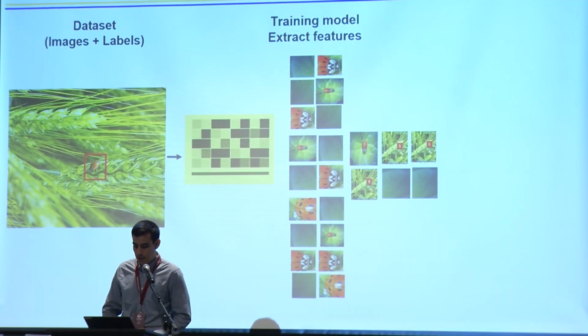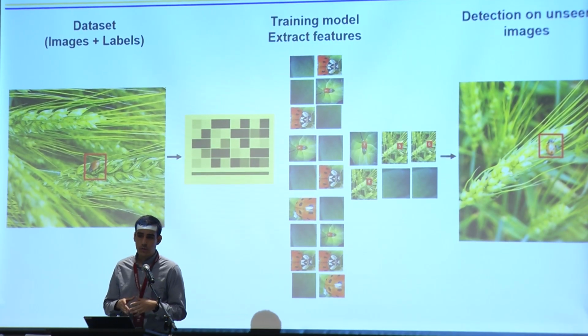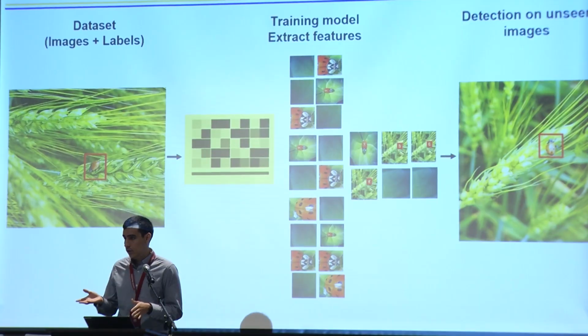So it will be sending different bounding boxes to be able to learn the features of the coccinellid in this case, or the dandelion. So the model will be able to produce these bounding boxes that you can see in here. And the main goal of building a detection model is not only to have the model, but to have a robust model that can predict on images that the model didn't see before.